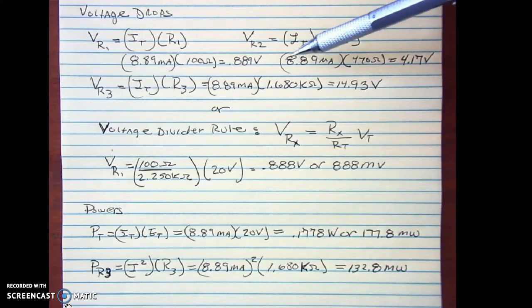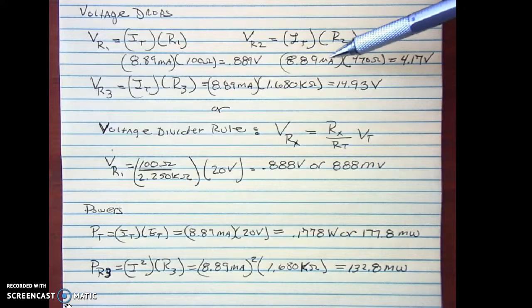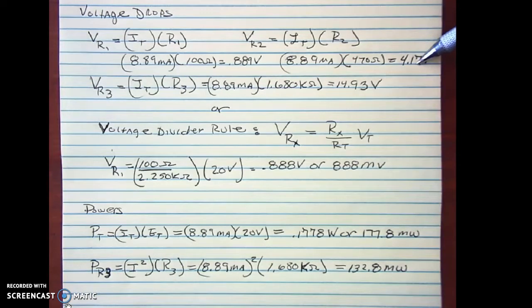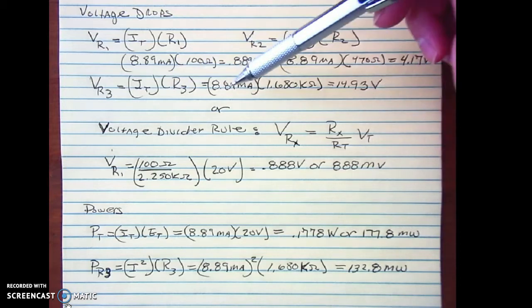Likewise, VR2, same thing, 8.89 milli. Remember, the milli is 10 to the minus 3. So when I put that in the calculator, I have to put in 8.89 exponential minus 3, EXP, or 10 to the minus 3, times your resistor value, 470, and then I should come up with 4.17 volts. Likewise, the last one is the same way.